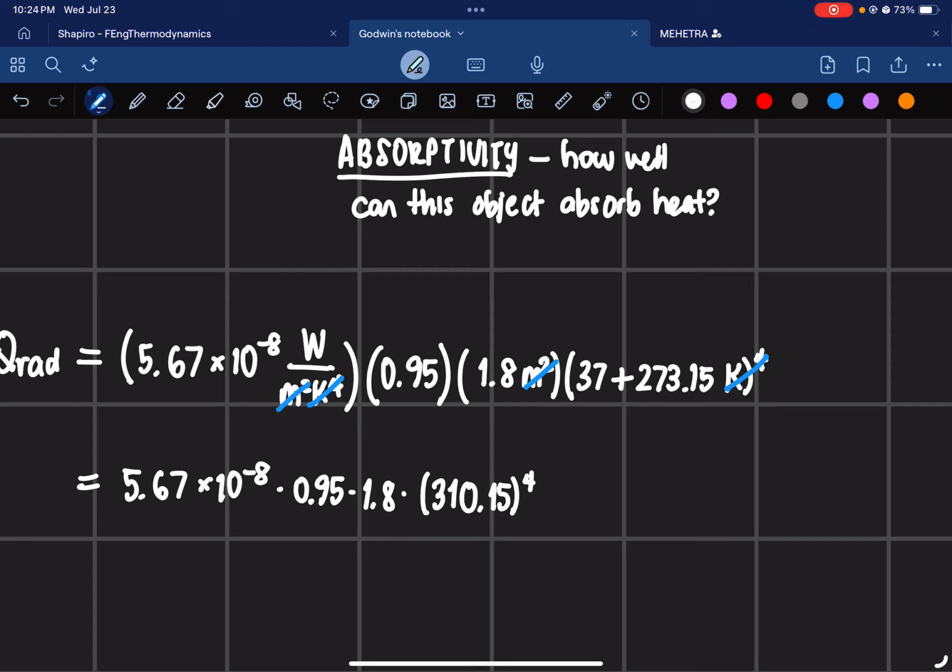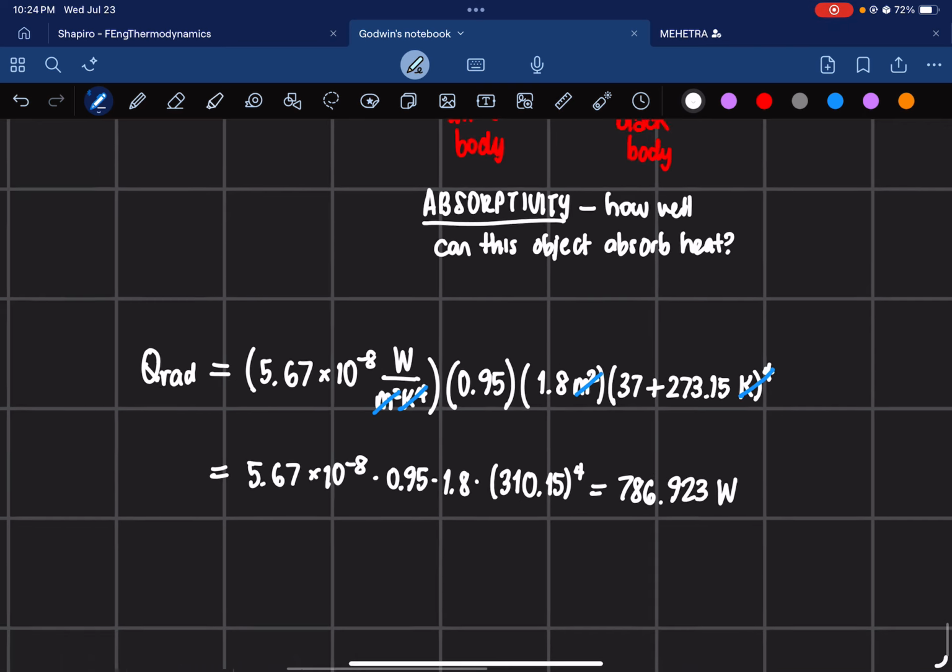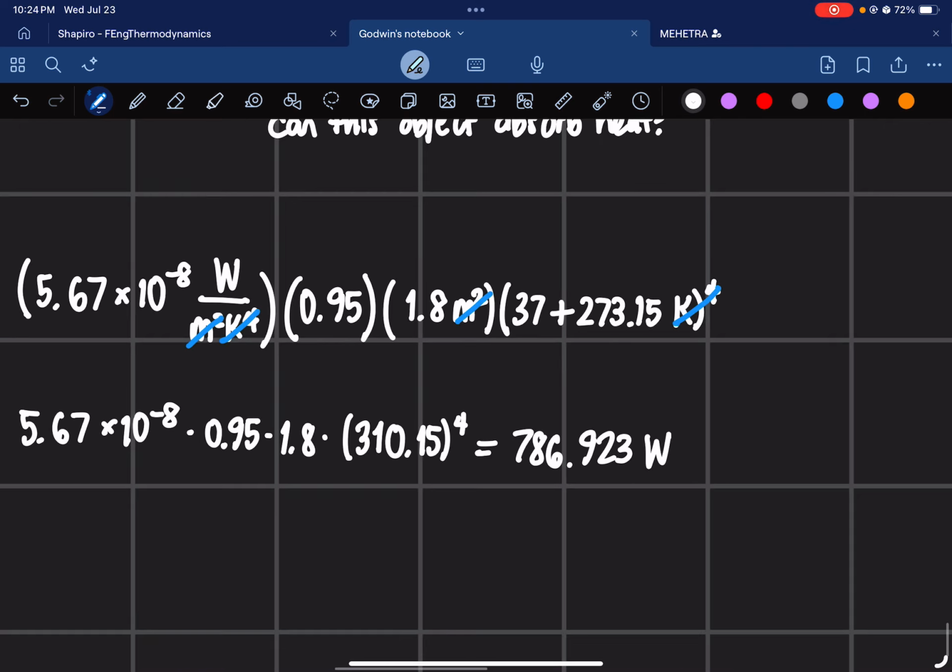Let's try that out now with my calculator. This will give us 786.923 watts. Right? Parang ang laki.